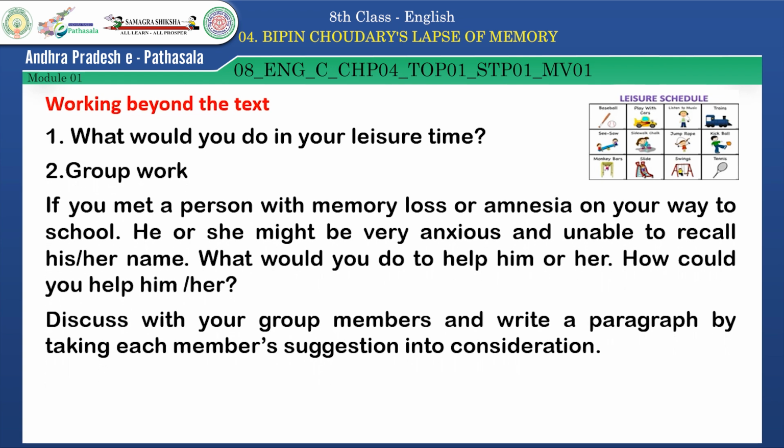Group work. If you met a person with memory loss or amnesia on your way to school, he or she might be very anxious and unable to recall his or her name. What would you do to help him or her? How could you help him or her? Discuss with your group members and write a paragraph by taking each member's suggestion into consideration.